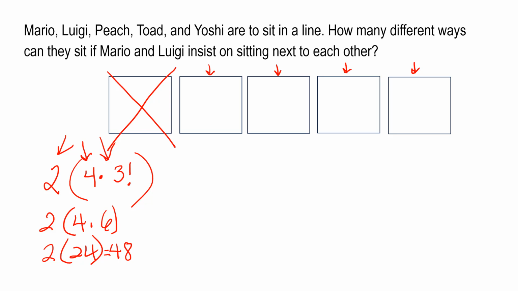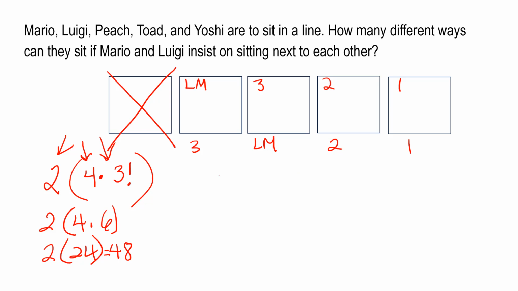Okay, so that's one way to do it. Another way to do it would be still to consider putting Mario and Luigi in one box together. But instead of trying to think it all through just in your head, you could go ahead and seat them. You could say, okay, what if Mario and Luigi sit in this box? Then that's 3, 2, 1 choices for the rest of the people. What if Mario and Luigi sit in this box? That's 3, 2, 1 choices for the rest of the people.